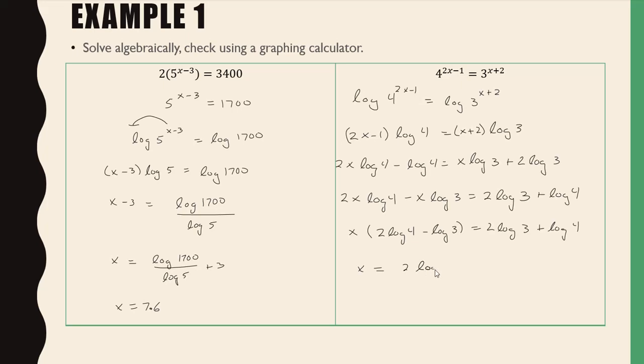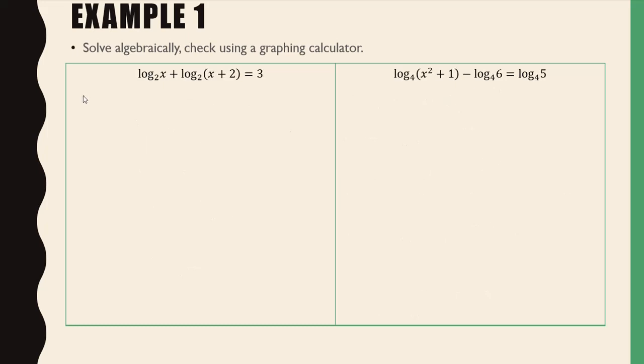So x equals (2 log 3 plus log 4) all divided by (2 log 4 minus log 3). Because we decided to use the natural logarithm, this makes it no problem to put into a calculator. A disaster if you didn't though. So 2.14.